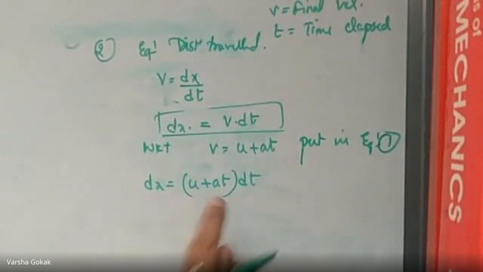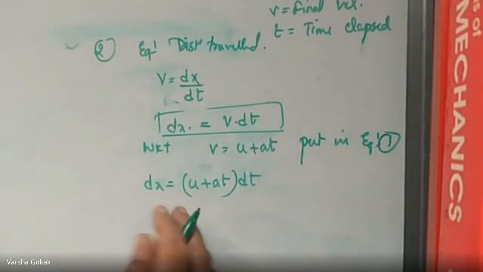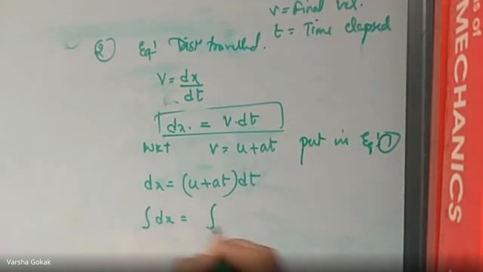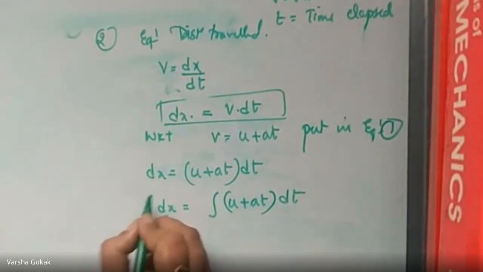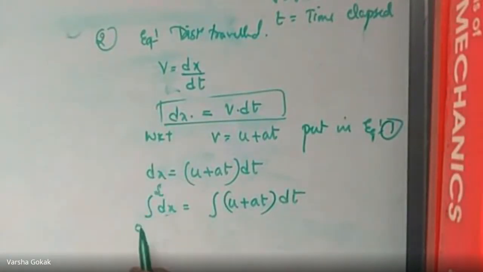Now in this equation, I have to remove this differentiation. So to remove it, I have to integrate along with the limits. So I put the integration sign: integral of dx equals integral of u plus at into dt. x means it is distance. So distance would start at 0, and the final distance would be s. dx stands for displacement, so initially it would be 0 and finally it would reach a value of s.